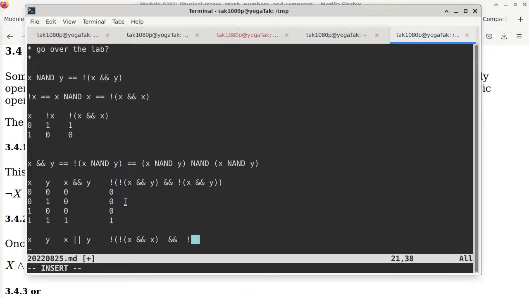So I claim that this is going to do the trick, and the other way to say this using just NAND is x NAND x NAND y NAND y.